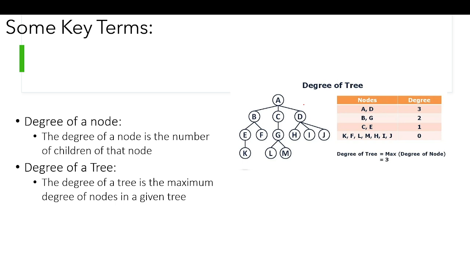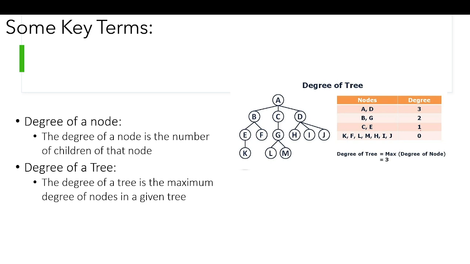The degree of a node is the number of children of that node. For example, A has three children and D also has three children. So the degree of the nodes A and D is 3. Similarly, B and G: B has two children and the node G also has two children, so the degree is 2.